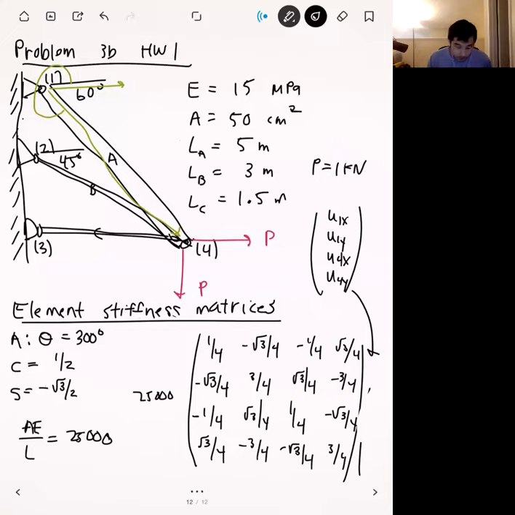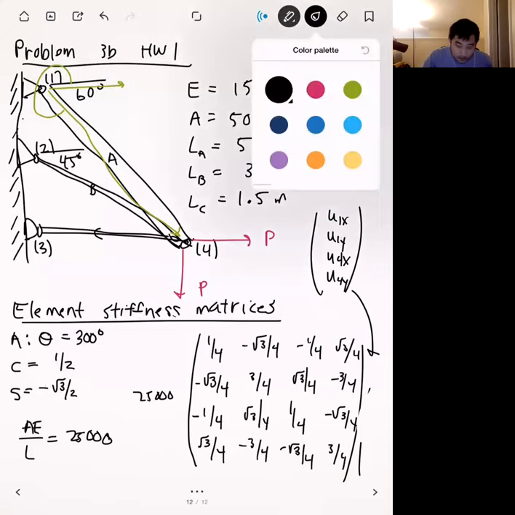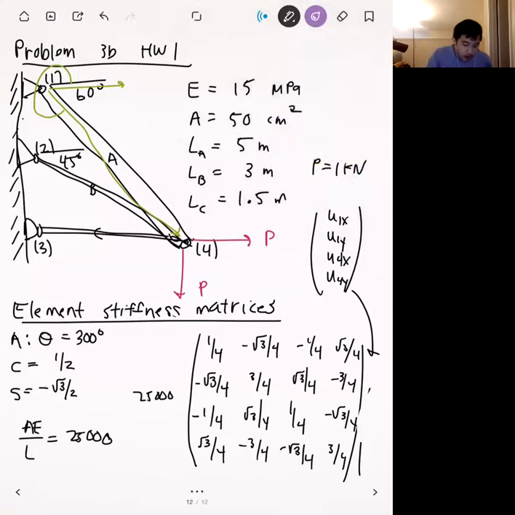Now let's do element B. Before we turn the page, let's determine the angle for element B. Just like we did for element A, we're going to draw an arrow that goes from node 2 to node 4. You can see that in order to get here, we had to rotate a total of 315 degrees.